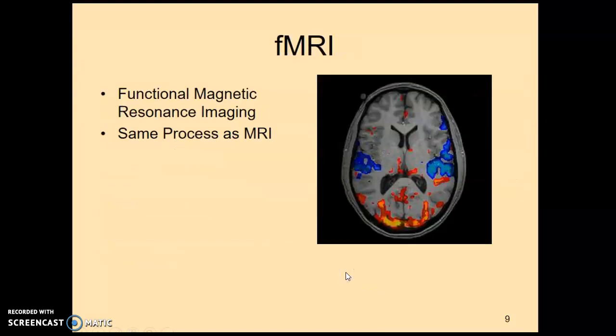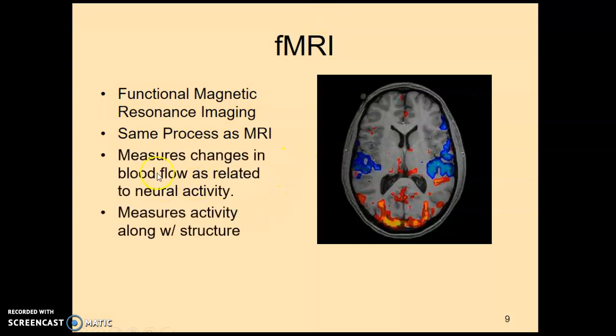The last one, the fMRI, stands for functional magnetic resonance imaging, which is basically an MRI that you can see function. And this is going to measure changes in blood flow. So we don't have to inject some form of radioactive glucose.